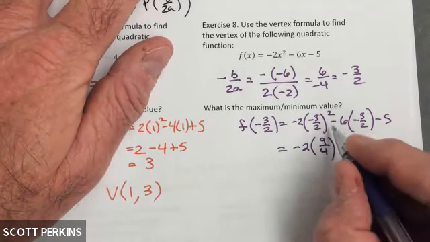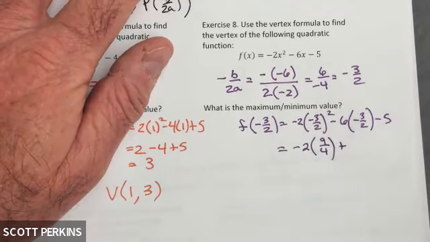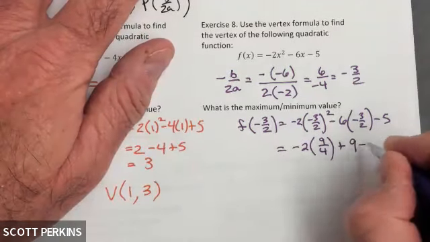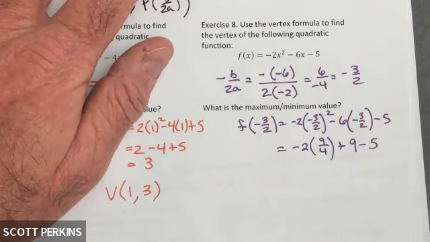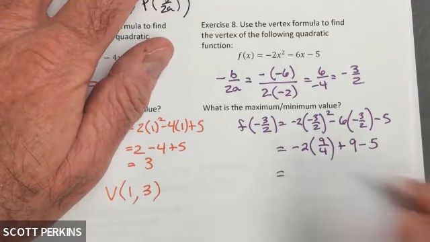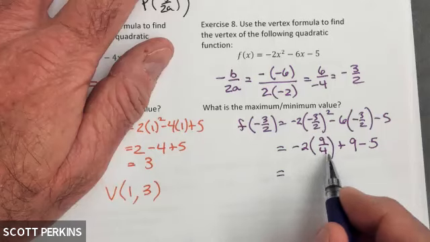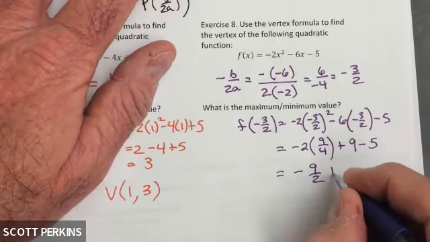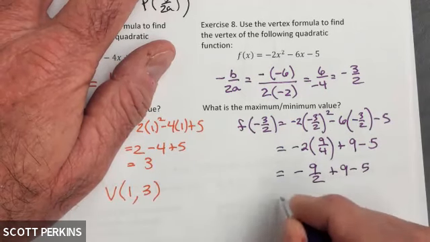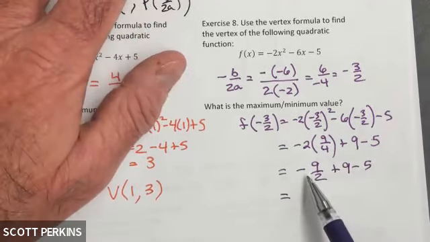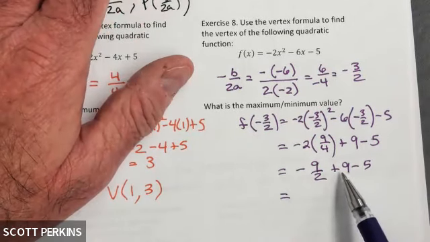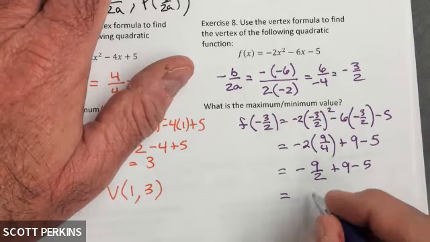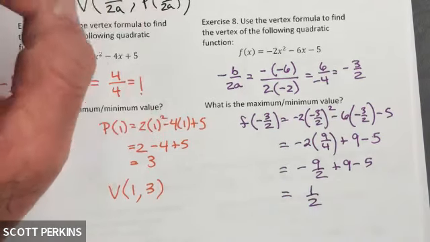And then -6 times -3/2 is going to be plus 9, since 2 goes into 6 3 times, and 3 times 3 is 9. Here, this 2 is going to go into the 4 twice, so I have -9 over 2 or -4.5 if you're in decimal land. And then when you add all that together, this is -4.5 plus 9. That's going to give me +5.5, and then -5 is going to give me +1/2.